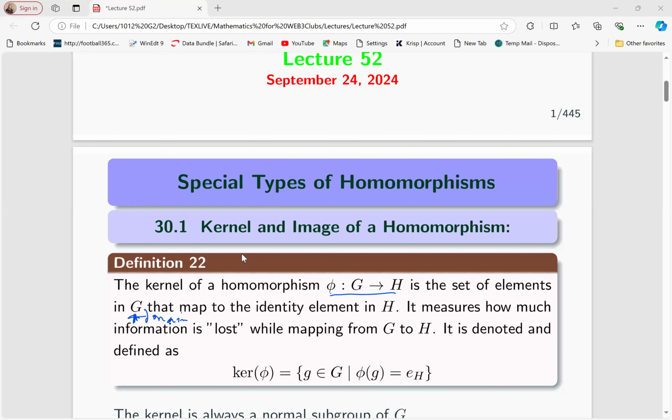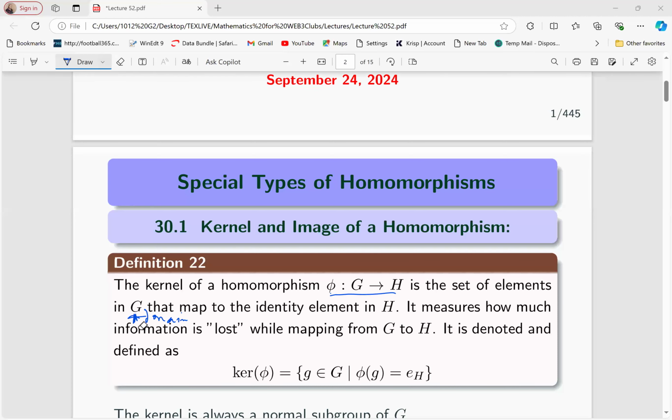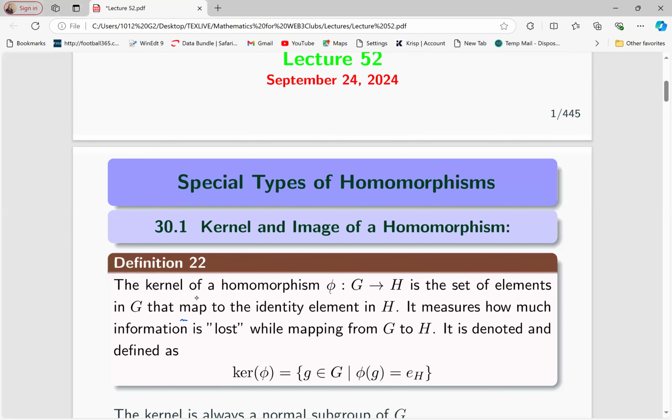Now, I had explained what the domain is and what the codomain is. So the set of all elements in the domain that map to zero, that is, if you're talking about an additive group, then the identity is zero.